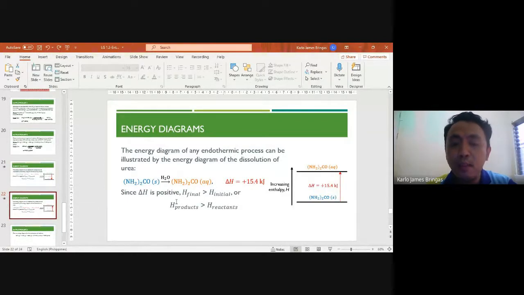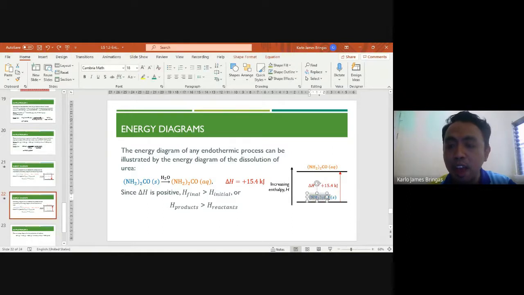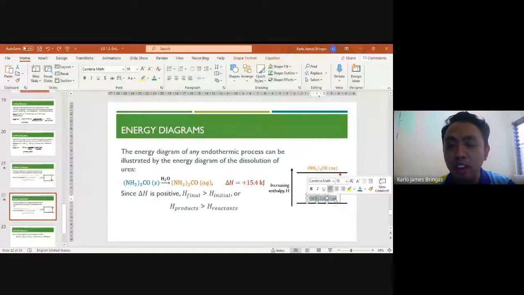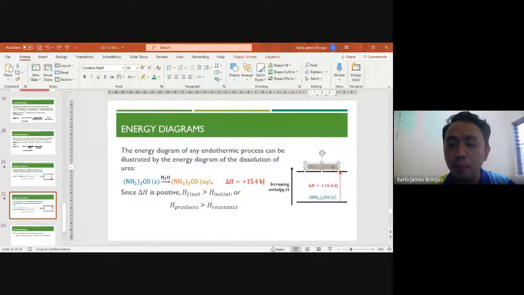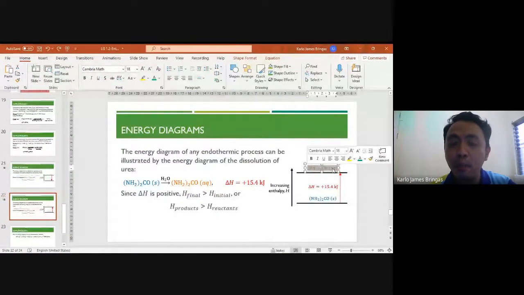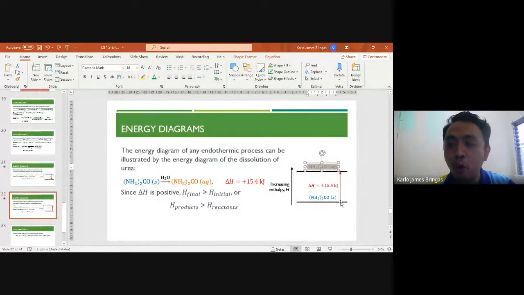Now this time, let's have another example. In this case, we have an endothermic process. This time, you might notice the reactant is on the lower layer and the products are written on the upper layer, with the arrow always pointing from the reactant to the product. Again, you might ask, why is the reactant at the bottom and the products at the top layer?